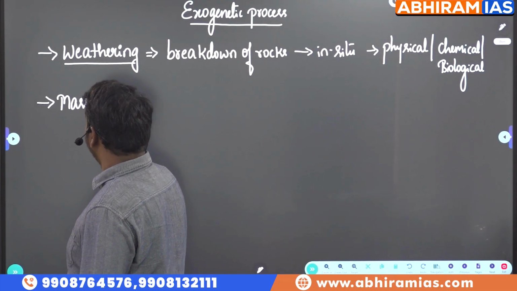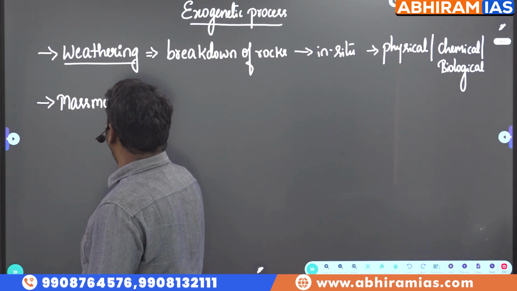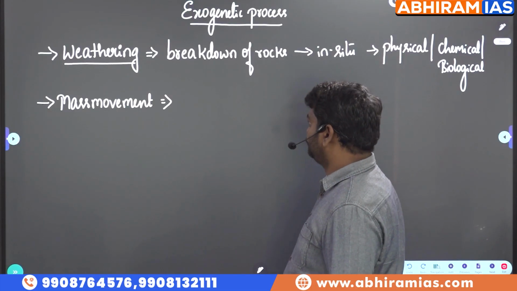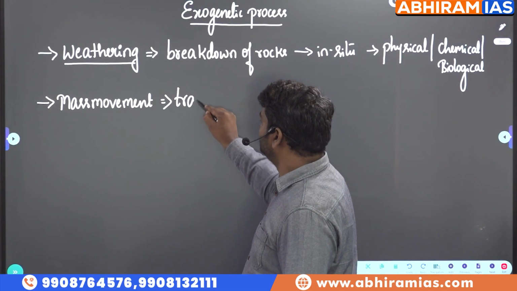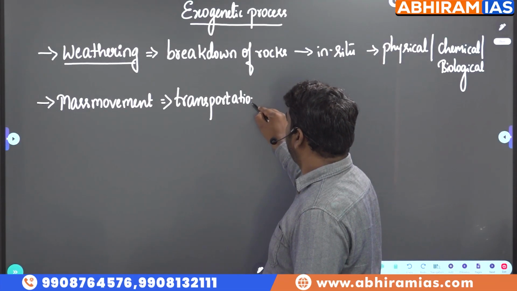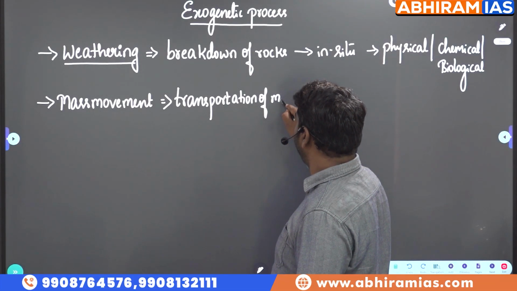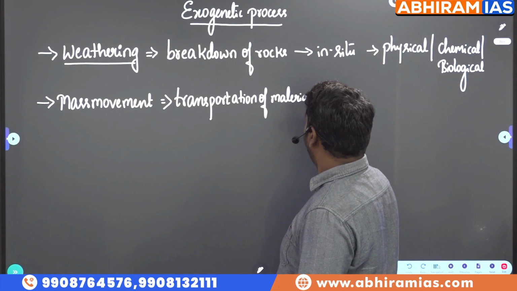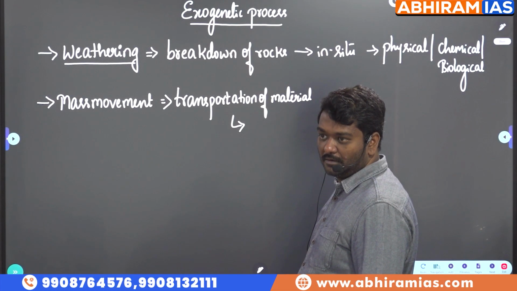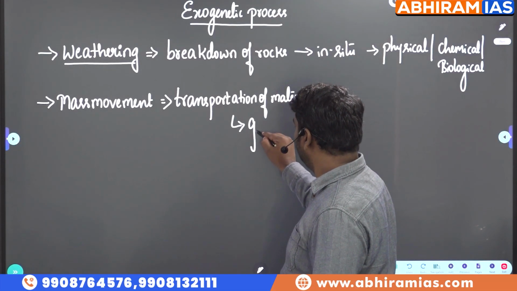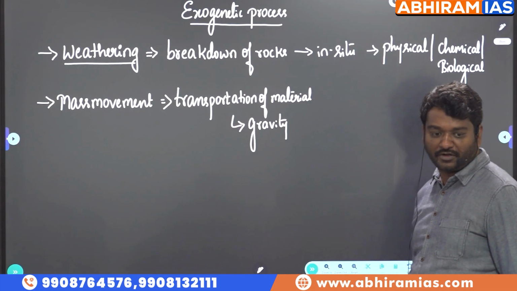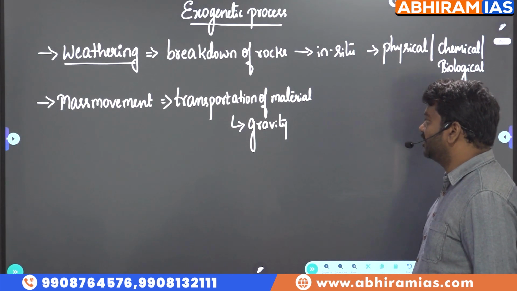Second is mass movement. Mass movement means transportation of material. Why is there transportation of material? Transportation of material due to gravity. This is important. It is not moving due to anything else. It is due to gravity.